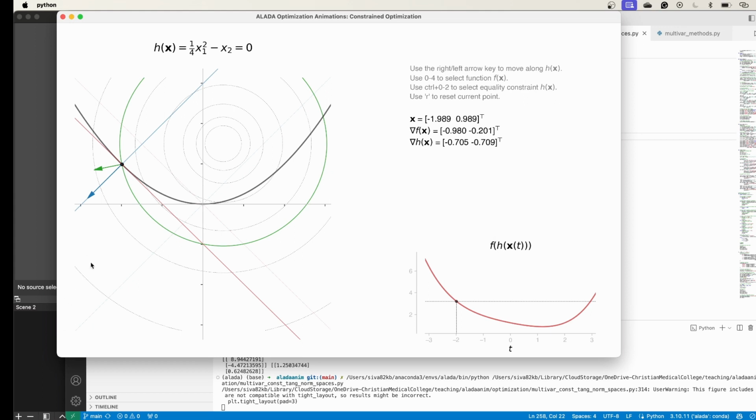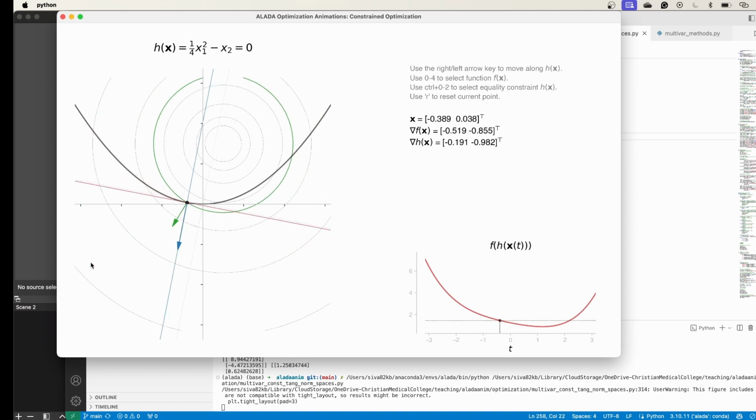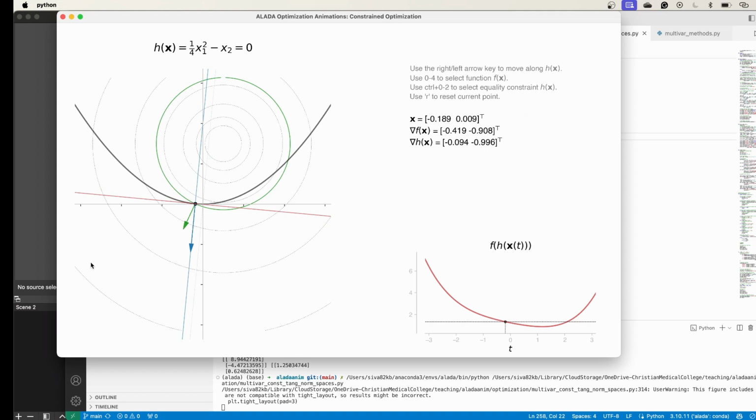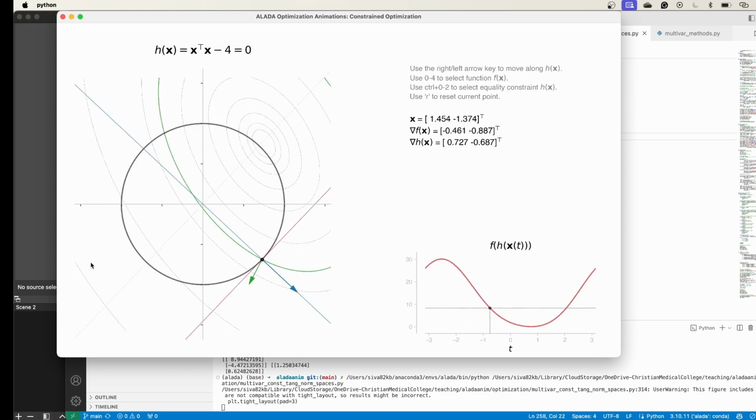Now, if I move this, at each point, the tangent plane and the normal plane are of course different, because it's a curved surface. If it was a flat surface, then of course the normal plane and the tangent plane would always be the same. So that's if you have a parabola, or a circle.